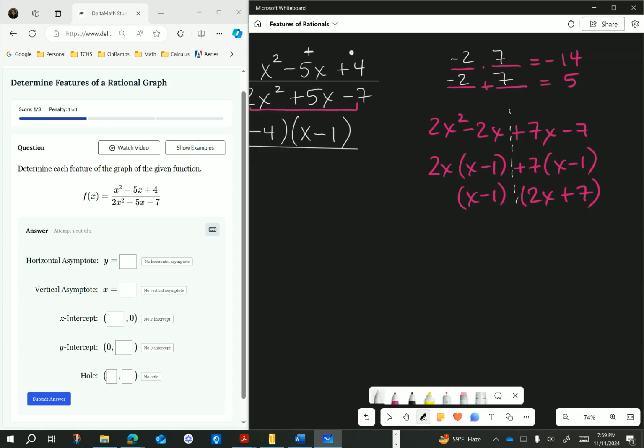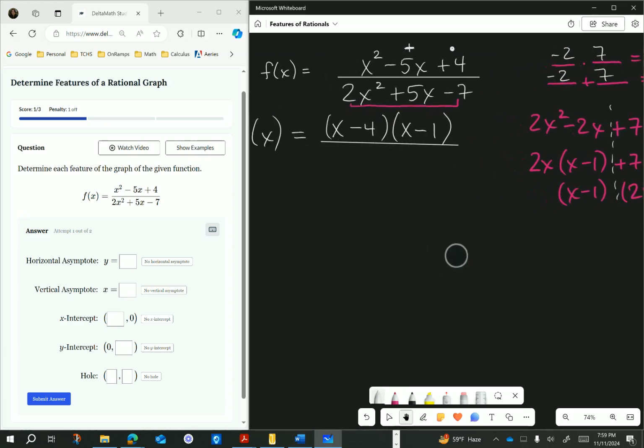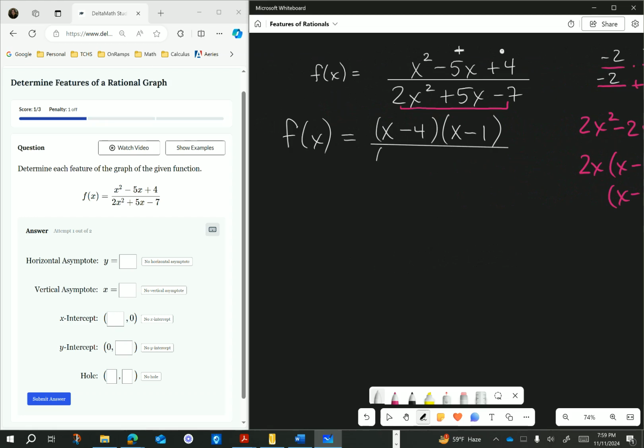So x minus 1, 2x plus 7. So notice here, this x minus 1 and that x minus 1 cancel. So right off the bat, well, let me simplify first.